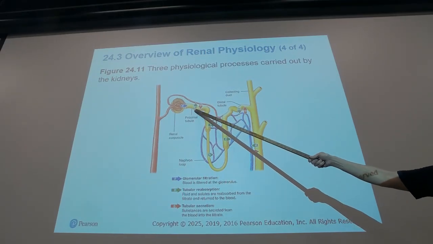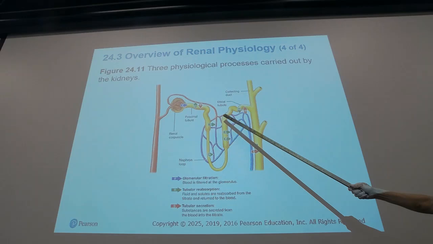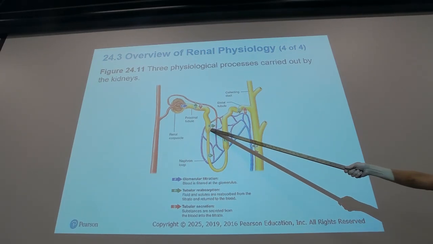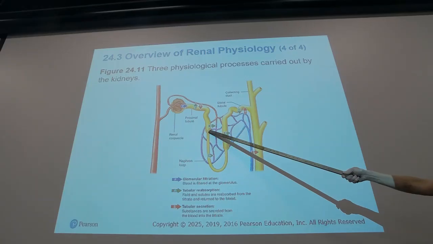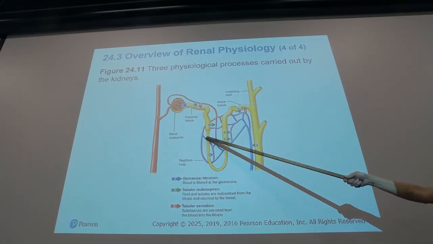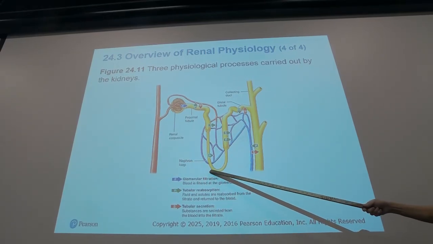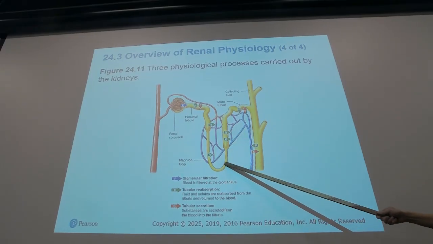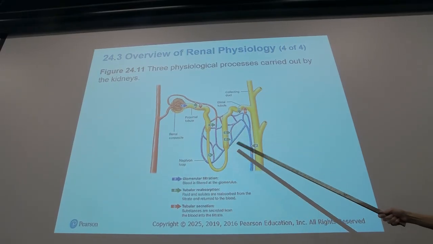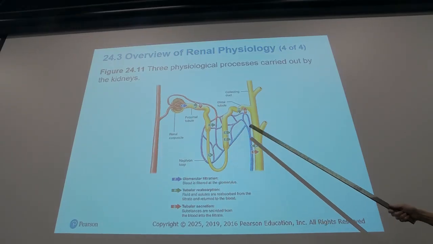Areas where we reabsorb: the PCT, the thick descending limb of the loop, and also the thick ascending limb, but not the thin descending limb, because we don't have microvilli there, remember.